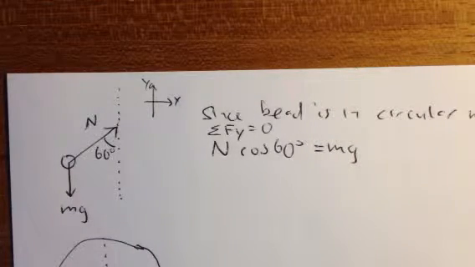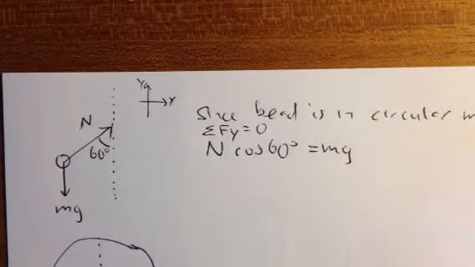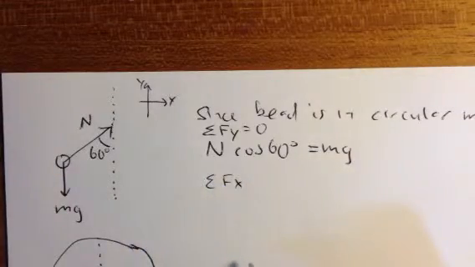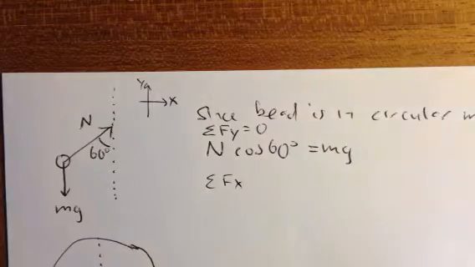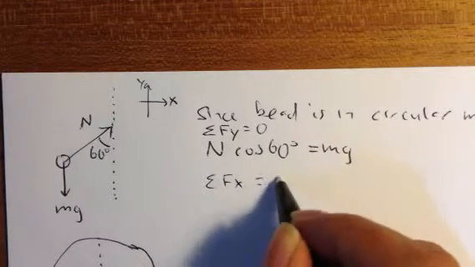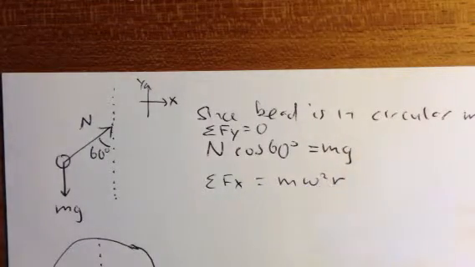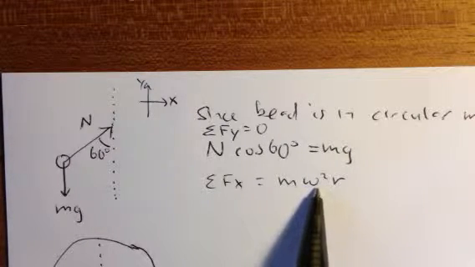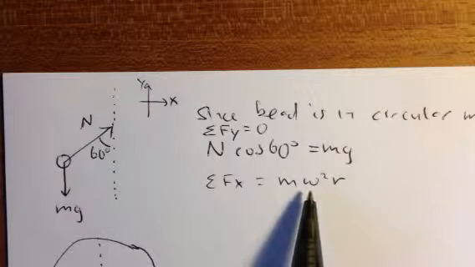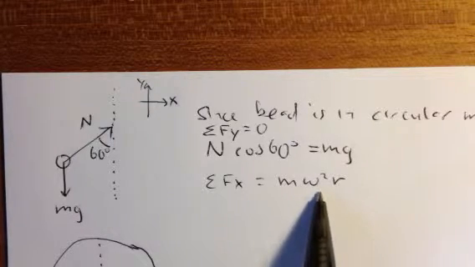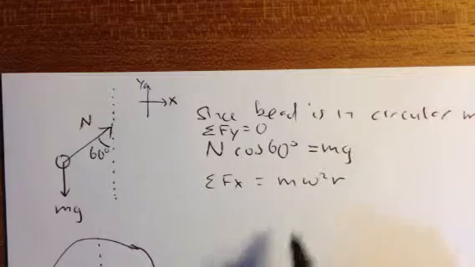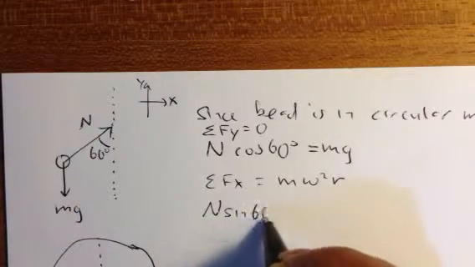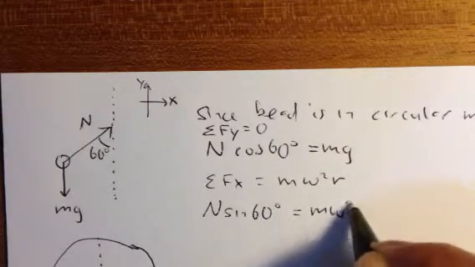And the summation of forces in the x direction should be equal to m omega square r. I'm not using mv square divided by r here because they're asking for angular velocity, so I use this version. That would mean N sine 60 degrees equals m omega square r.